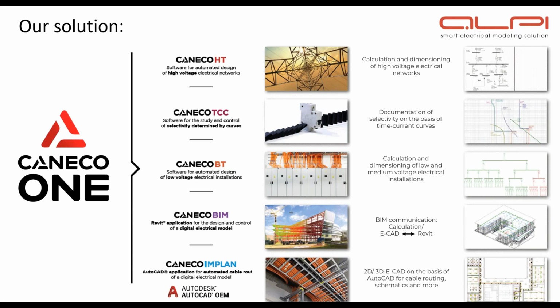We are not delivering Revit to you, so you also have to know Revit and use Revit in your company to go on with electrical engineering based on Revit. The same we can do with Implantation, we can do also completely with BIM. The most common part is Caneco BT, the calculation part. Once you have done the electrical design based on Implantation or BIM, you can make a full calculation, including importing your project from BIM or Implantation to BT, calculating it and giving it back. Otherwise, you are also able to prepare it directly on the Caneco BT side.